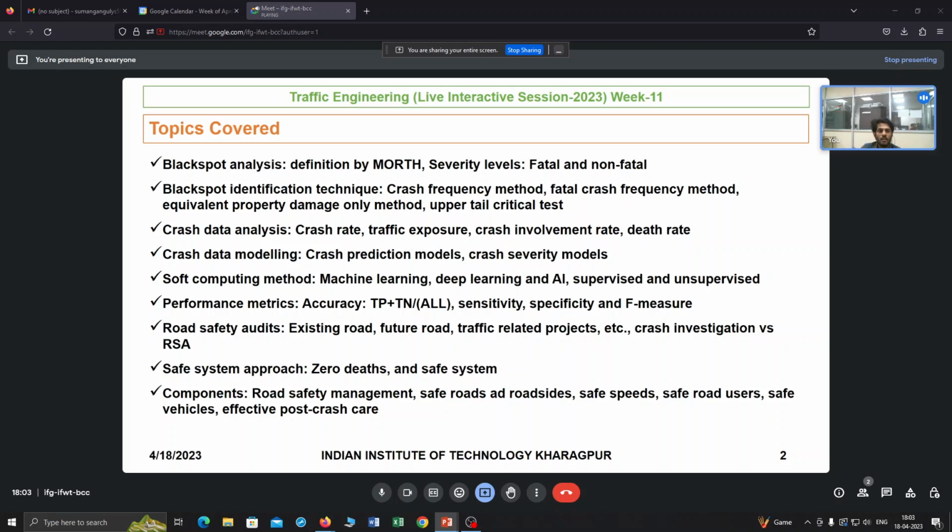In case of India, the Ministry of Road Transport and Highways, that is MoRTH, has said that if at a segment of 500 meters there are a minimum of 5 accidents over a time period of 3 years, cumulative, that can be called a black spot.